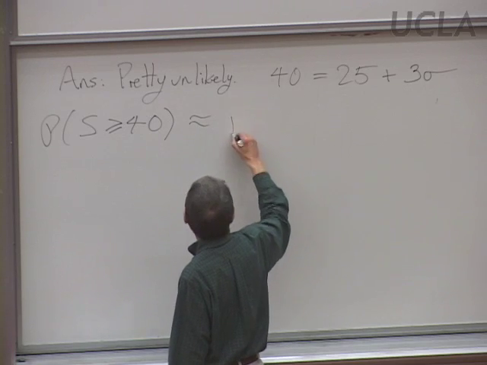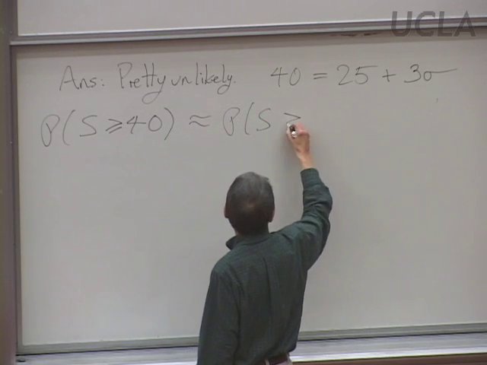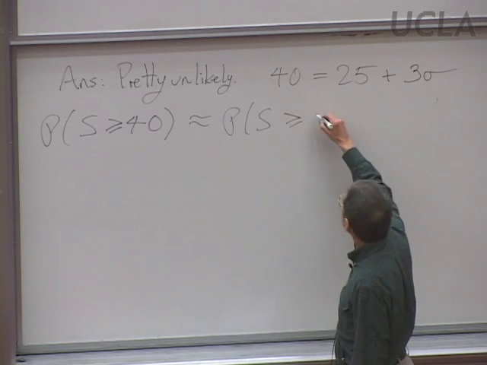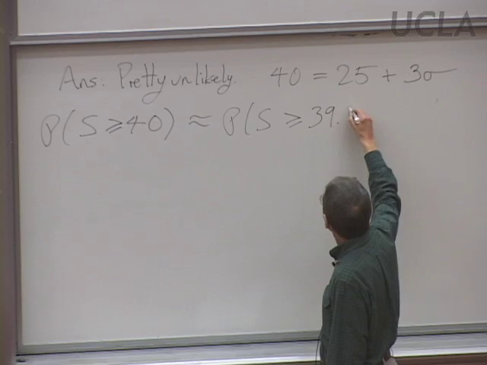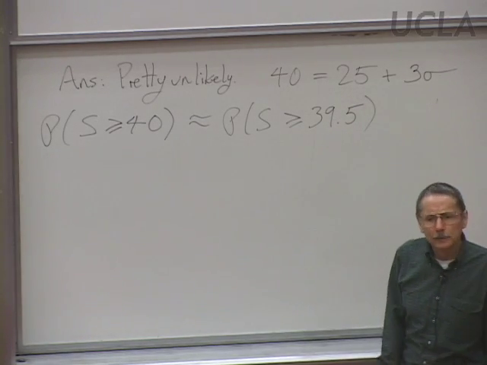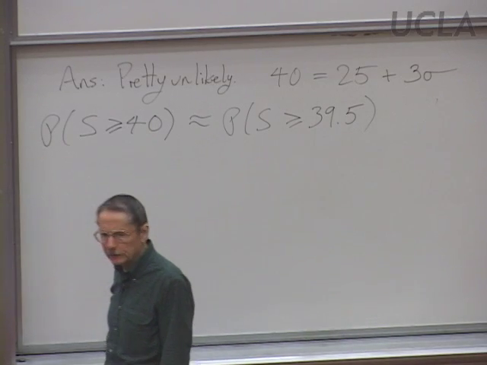It's about the probability of at least 39.5. Normal approximation to the binomial. We always want to use the histogram correction.